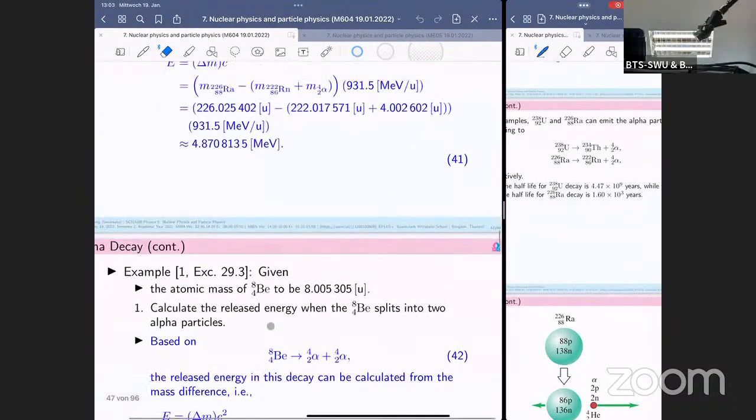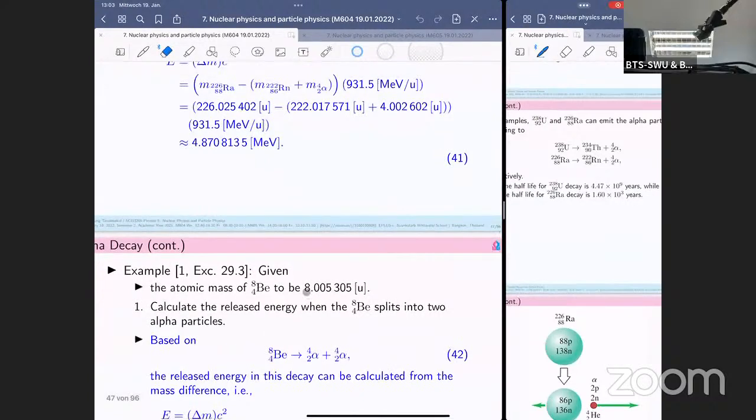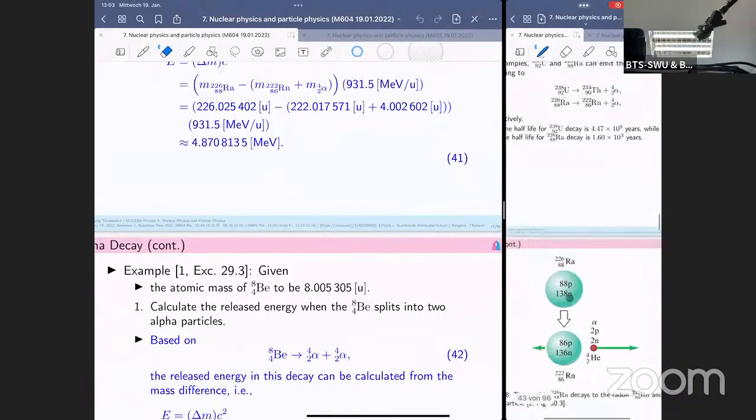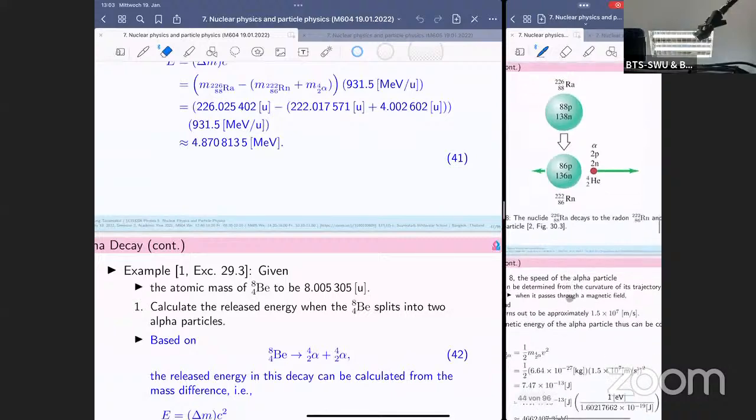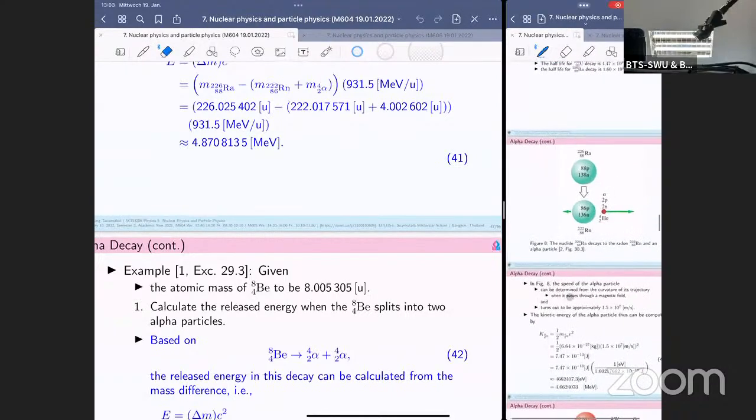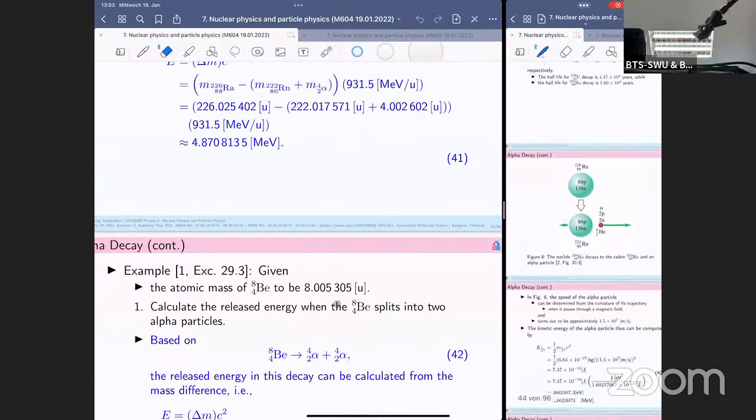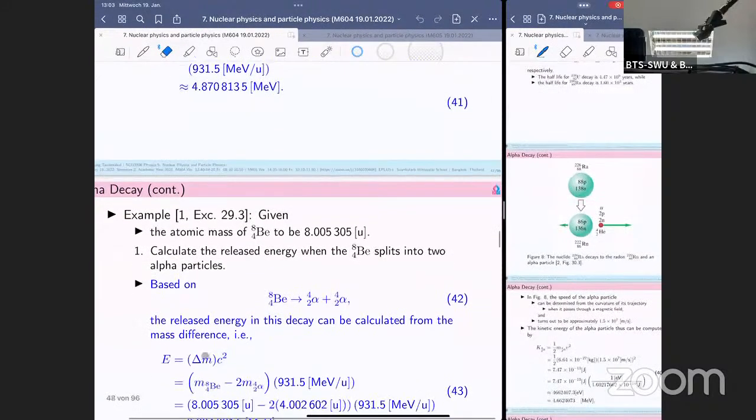The information they have provided is the mass of beryllium-8, which is 8.005. Of course, there will be two terms, but because those two particles are the same, they share the same value of mass. So we have 2 times the mass of the alpha particle, helium-4.